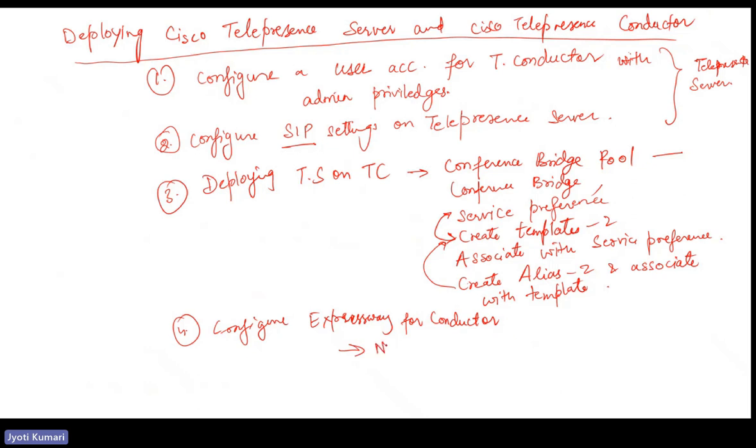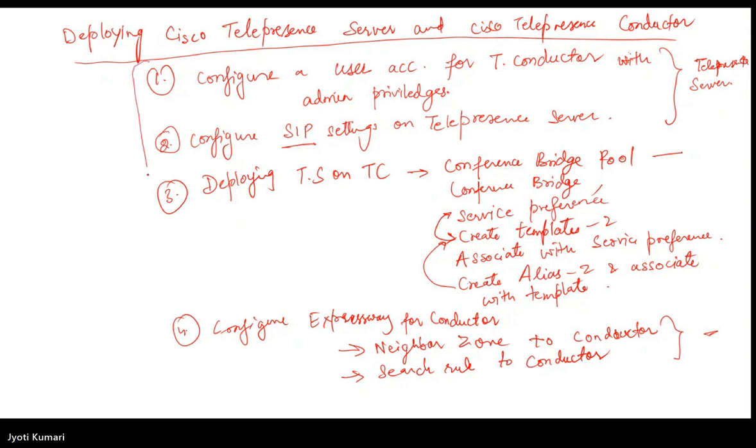We have to configure a neighbor zone, a neighbor zone that will be pointing to the conductor here, which is managing the telepresence server. And then we need a search rule to conductor. This part we are already familiar with, but for this lab, just to create a neighbor zone to conductor and search rule to conductor, we will just repeat this.